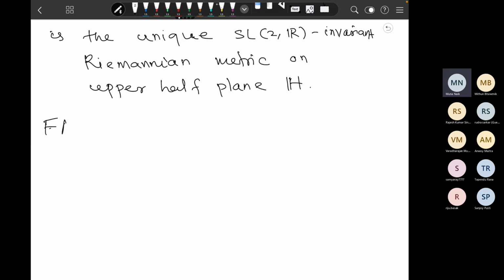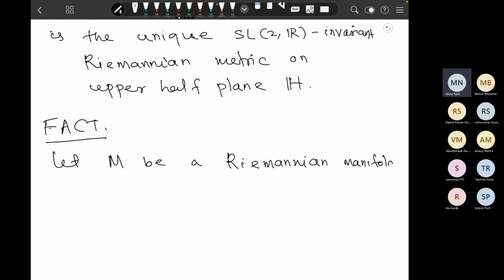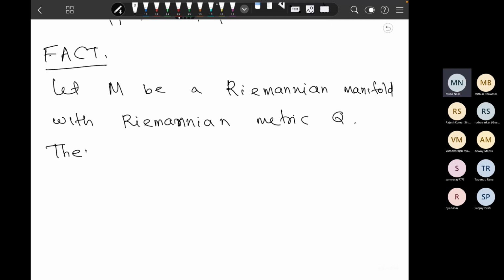So, fact: let M be a Riemannian manifold with Riemannian metric Q. Then, by definition, this Q is really I(M) invariant, right?